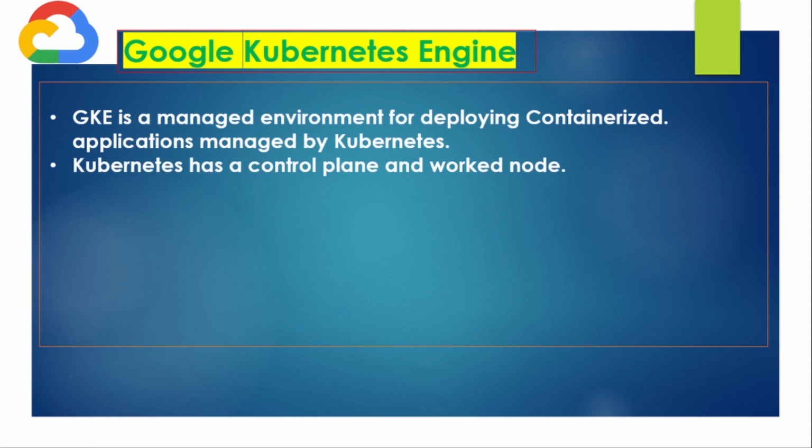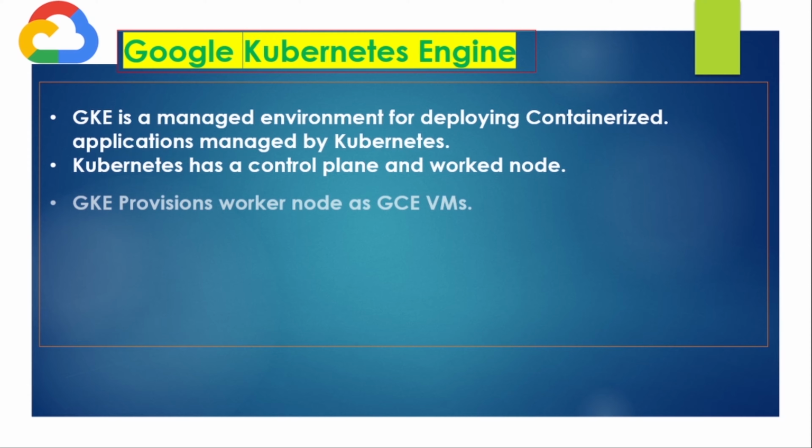Now Kubernetes has a control plane and a worker node or multiple worker nodes. It's a typical distributed computing environment where you have a control plane managing the worker nodes, or the data plane, that is running the multiple set of worker nodes. GKE provisions worker nodes as GCE VMs. So when you launch a cluster in Google Kubernetes Engine, there are two elements.